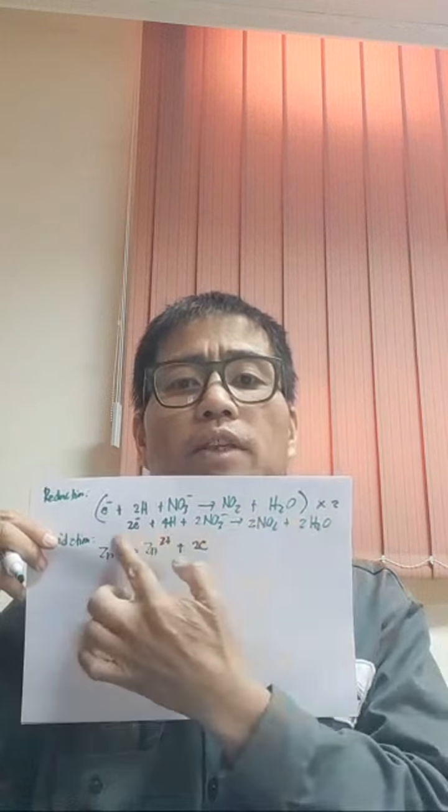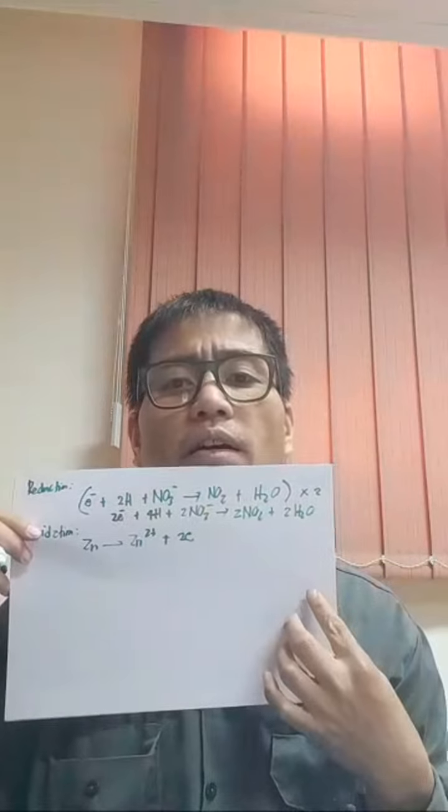2NO2 plus 2H2O. This will not be copied. After multiplying this by 2 to compensate the equality with these two electrons, we can now have this equation here. Both sides are being multiplied by 2, all quantities. Now add the two.